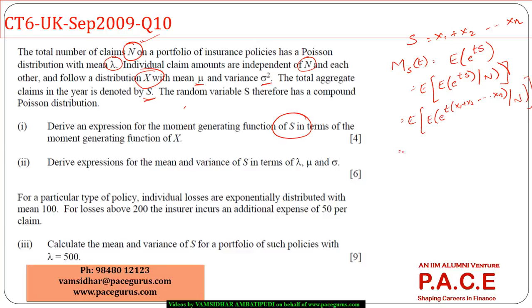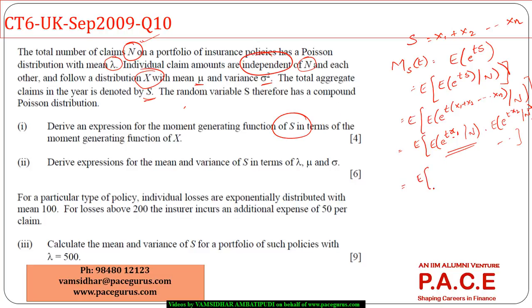Now I can write each one individually: expected value of e to the power of tX1 given N, multiplied by expected value of e to the power of tX2 given N, and so on. So basically each one is now separate. This is the moment generating function associated with X1, X2, and so on. But all of them, we said, are independent and identically distributed.